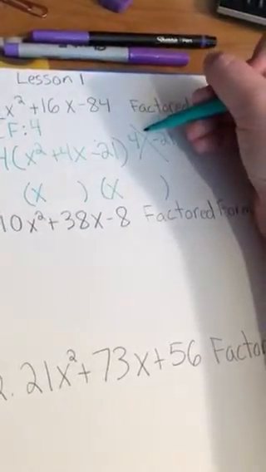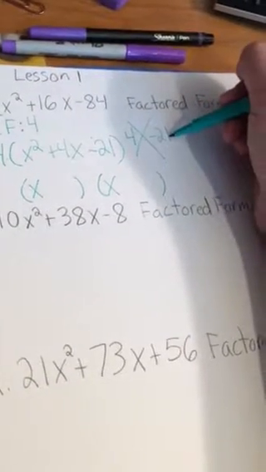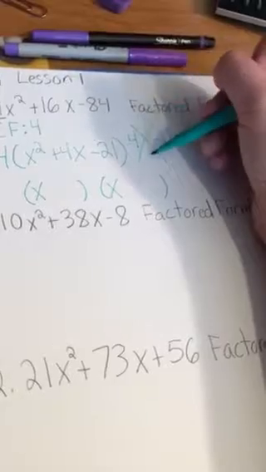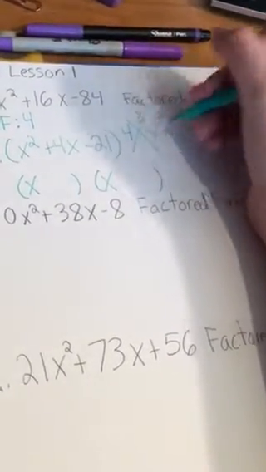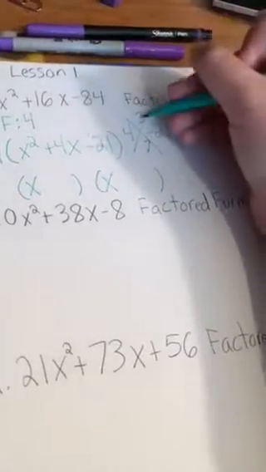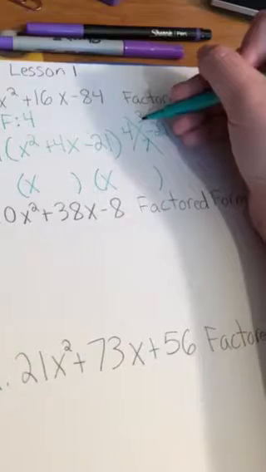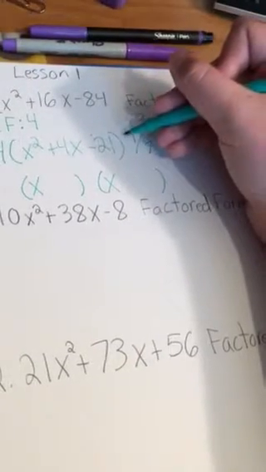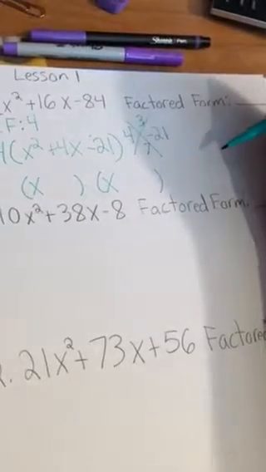So we need to find a number times another number to give us negative 21, but also adds to give us 4. So we end up with 3 and 7. 3 times 7 is 21, but we want a negative 21, and we also want a positive 4.